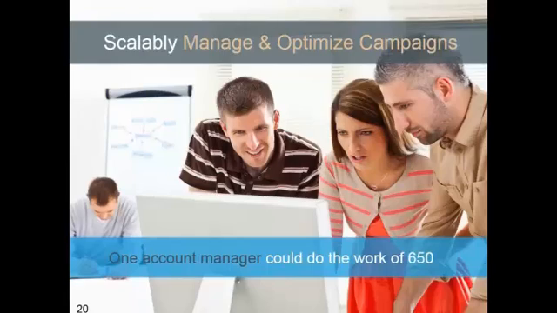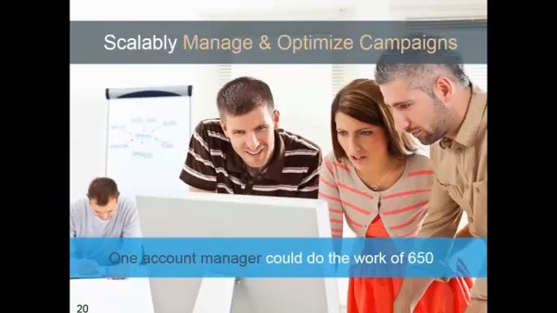Okay, we've got the third component across the top of our technology slide, which is the campaign management component, which includes optimization. And the scalability that we've baked in here will allow one account manager to do the work of 650, whereas a typical video campaign takes between 15 and 30 hours, depending upon whether you're applying best practices or not, to set up to do all the advanced audience segmentation that you want to do in order to get the best results, as well as about 10 to 12 hours a month to maintain.